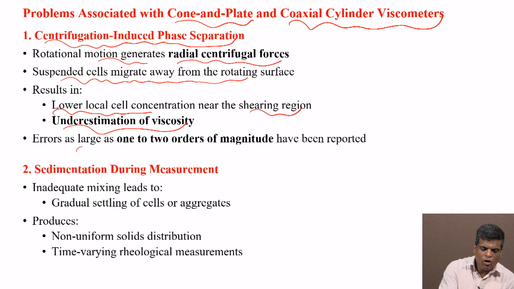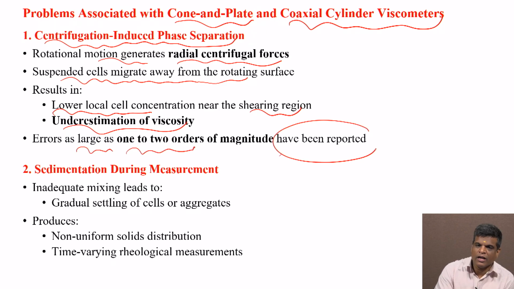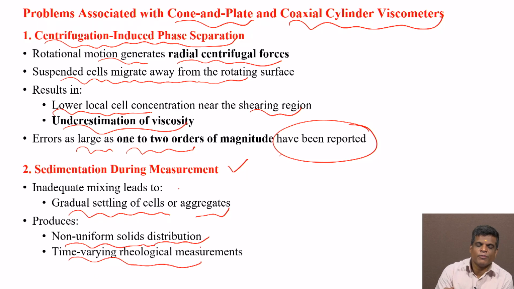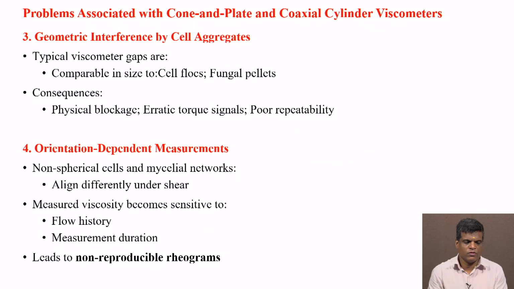Errors as large as one or two orders of magnitude have been reported. The second point is sedimentation during measurement. If mixing is inadequate, it leads to gradual settling of cells or aggregates, producing a non-uniform solid distribution and time-varying rheological measurements. These are the problems when a cone and plate or coaxial cylinder viscometer is used for bioprocess fluids.